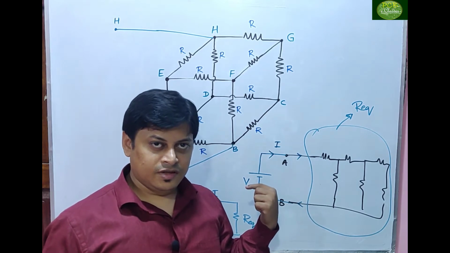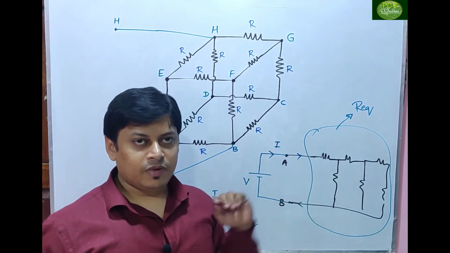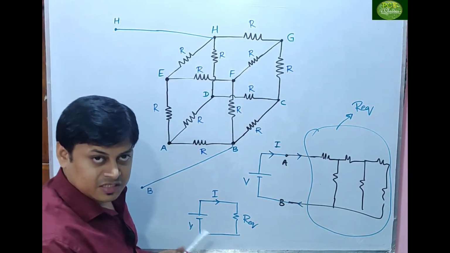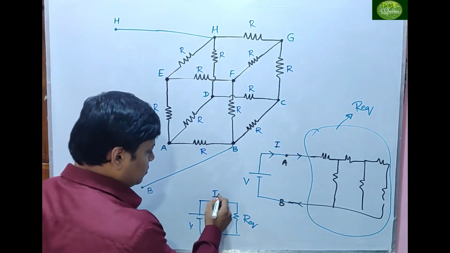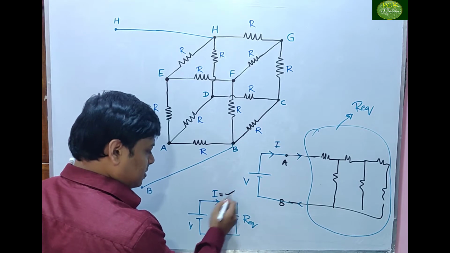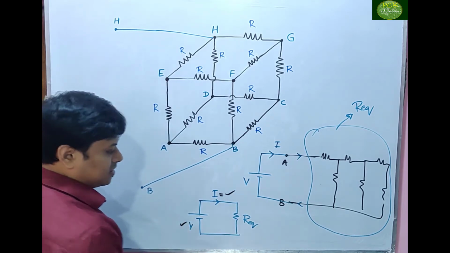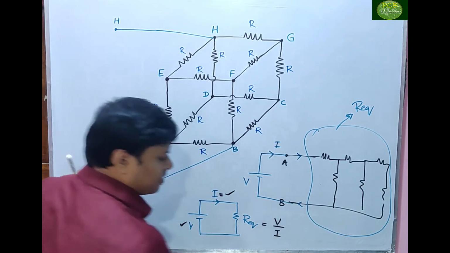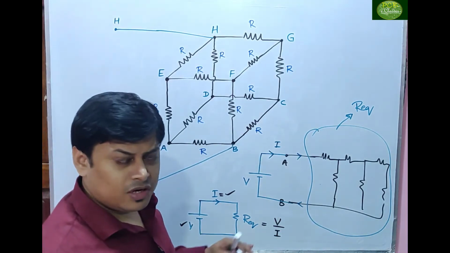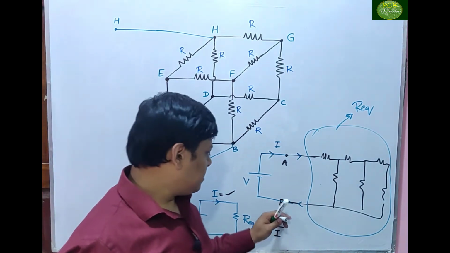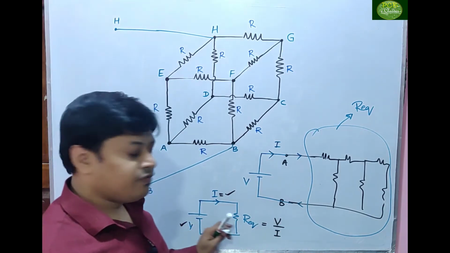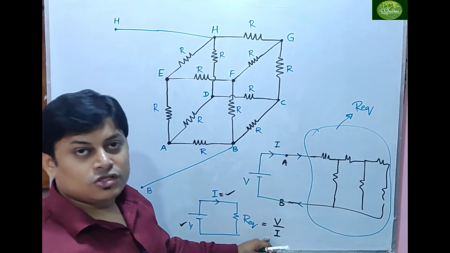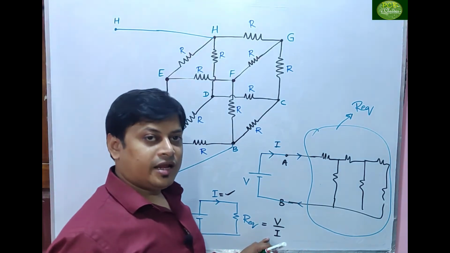Another way, if it is very complex: if the current and voltage are known to us, can I say R equivalent equals V by I? Yes. If the voltage and current are known, then we can divide voltage by current to get the R equivalent, right? So it is also one method to find the R equivalent.